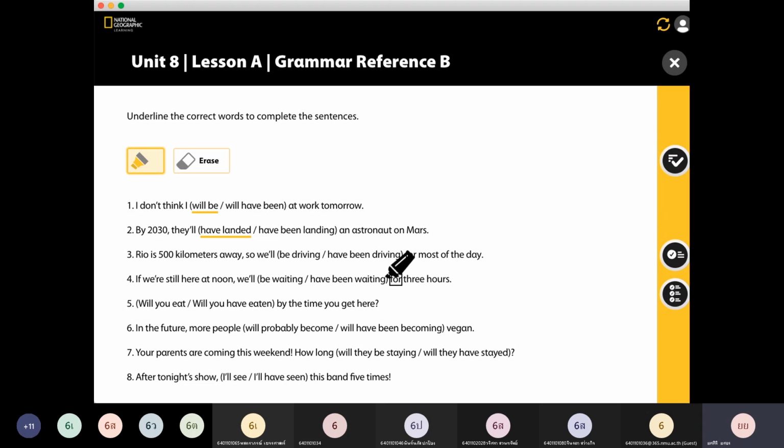Okay, number 3 be driving. Number 4 have been waiting.